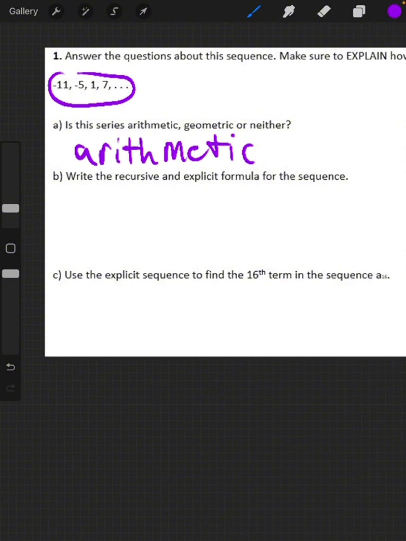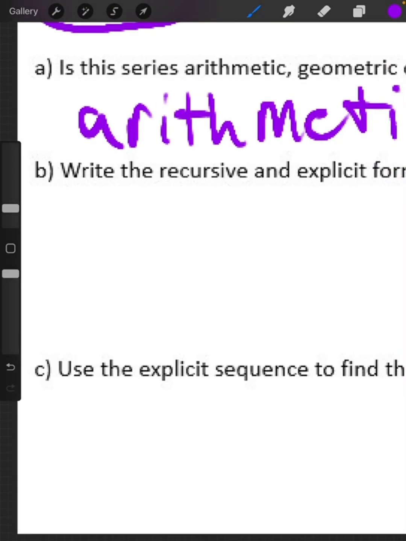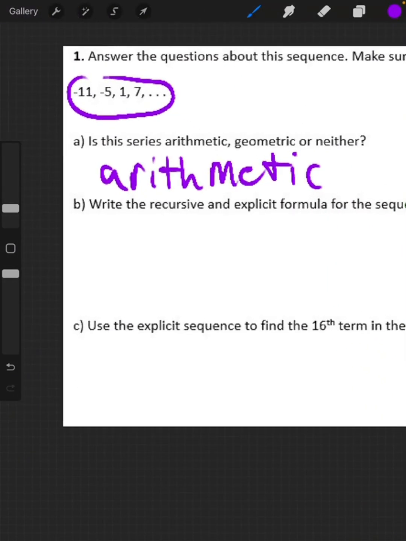So the next one is: write the recursive and explicit formula for the sequence. The recursive formula for arithmetic sequences is a_n equals a_(n-1) plus the common difference.